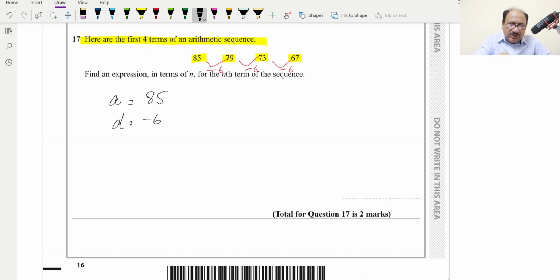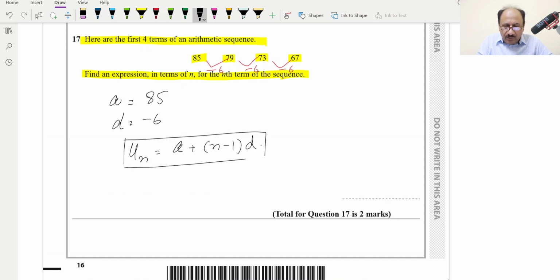They are saying find an expression in terms of n for the nth term of the sequence. So the nth term we can write Un is equal to a plus n minus 1 into d. This is the formula which we'll be following. So we can write Un is equal to a is 85 plus n minus 1 into d, which is minus 6, and this will be our formula.